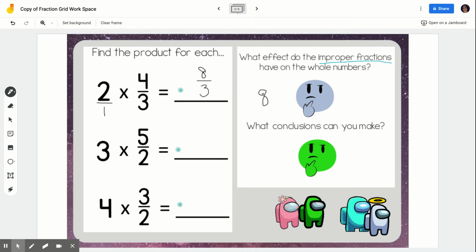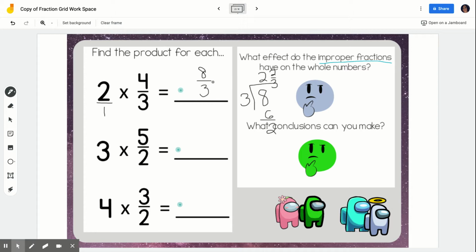I'm going to write over here on this guy. 8 divided by 3. I can make 2 groups of 3 that would have the value of 6. And then I would have, sorry, I'm writing right over this example here, I would have 2 pieces left over. So that becomes my numerator, and my denominator stays the same.